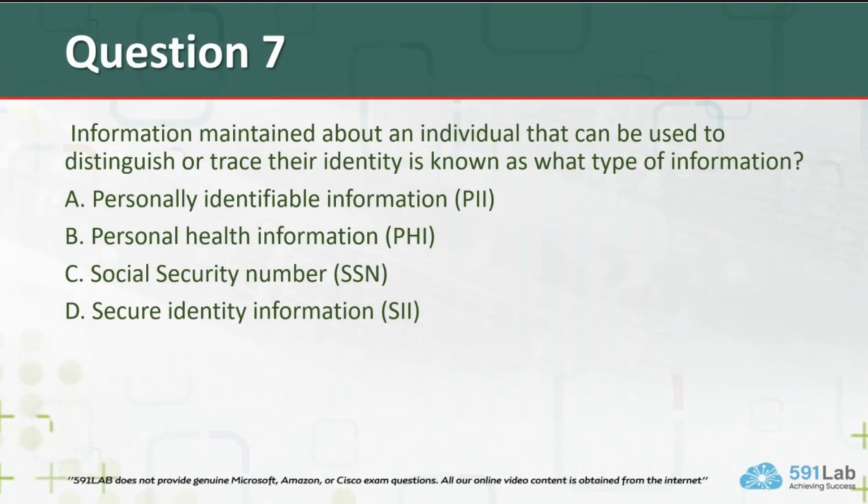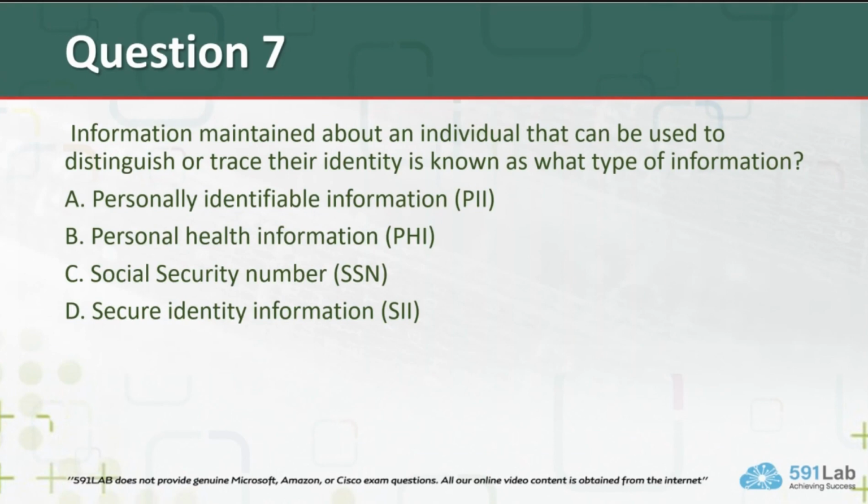So PII refers to any information that can be used to distinguish or trace an individual's identity, like name, social security number, date and place of birth, mother's maiden name, biometric records, and other information that can be linked to an individual, like medical, educational, financial, and employment information as well.